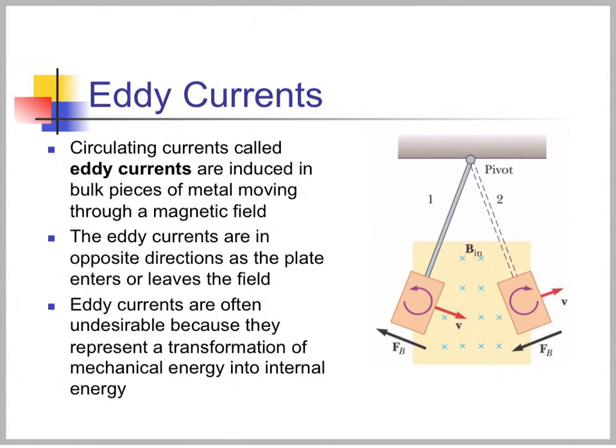Essentially, what happens is the current opposes the magnetic field. So, as the pivot swings into the field, there is a torque on it that actually forces the bulk piece of metal backwards and slows it down. And it actually slows it down as it's coming out.